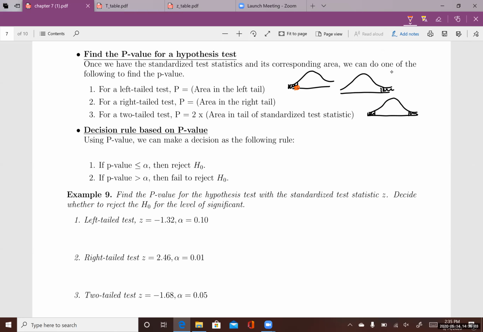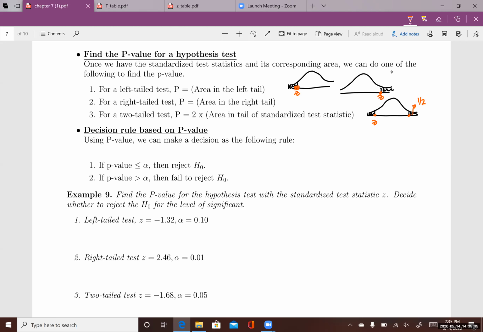So if you find the z, which is the standardized test statistic, using the z-test, then you can find the probability to the left of this. And then you can find the probability to the right of this standardized test statistic in order to find the p-value. And then for the two-tailed test, again, you find the area either to the left of this point or to the right of this z-test, then you multiply it by 2 to find the p-value.